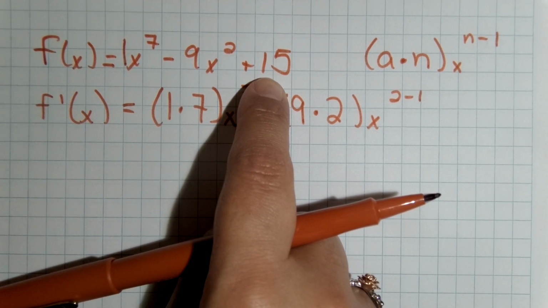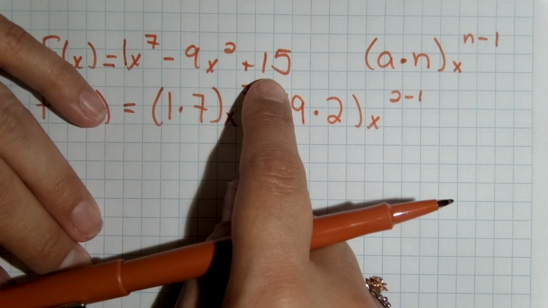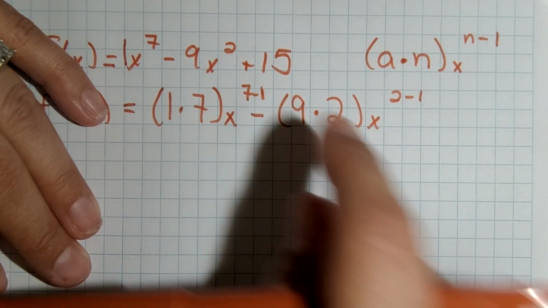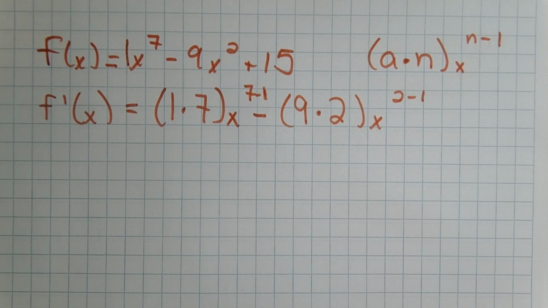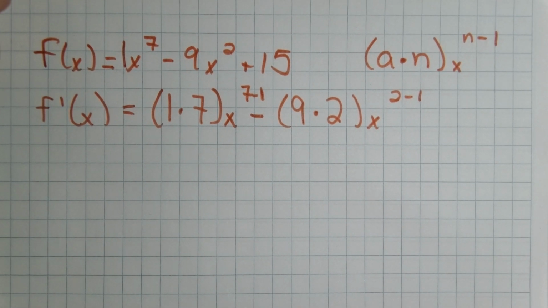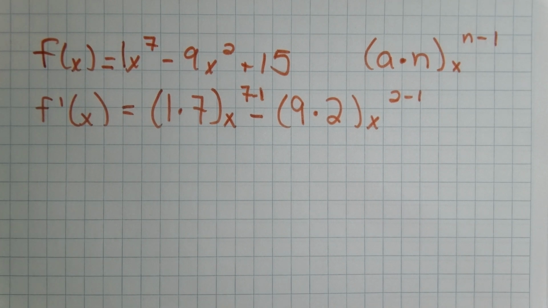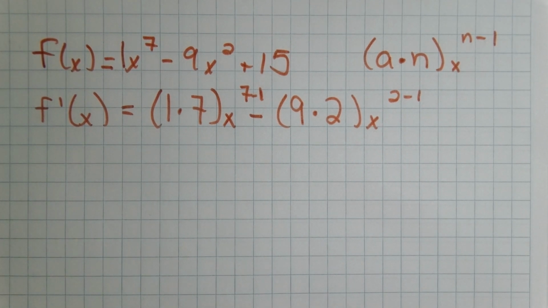It's a constant. What is the derivative of a constant? What is the answer for a derivative for a constant? I see some of us looking back at our notes. What is the derivative of a constant?